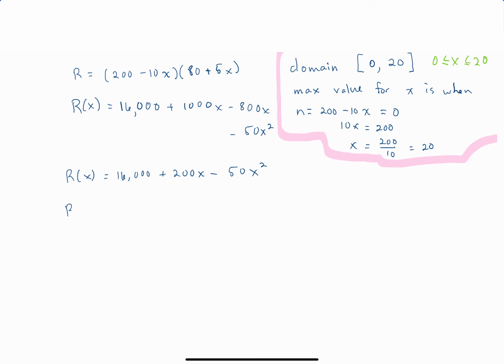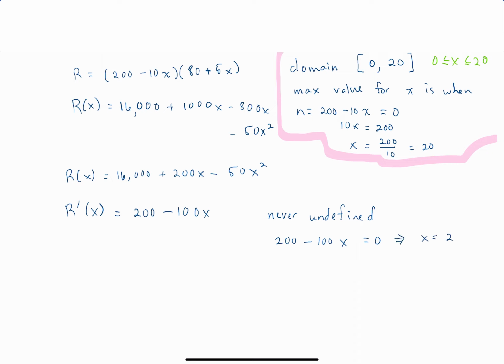Derivative then, R prime of x, is 200 minus 100x. Now I'm going to look for critical numbers. This function is never undefined, so we don't have the type of critical number where the derivative is not defined, but 200 minus 100x equals 0 would give us x equals 2.